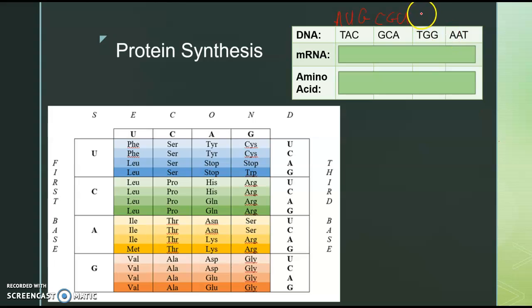TGG, this is going to be ACC. AAT, UUA. Why didn't I use any T's there? Because thymine is not found in RNA. It's uracil. Awesome. So let's double check me. AUG, CGU, ACC, UAA.